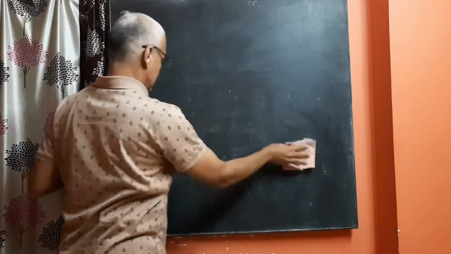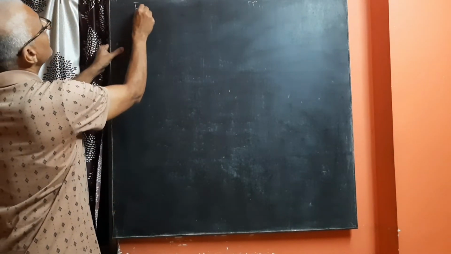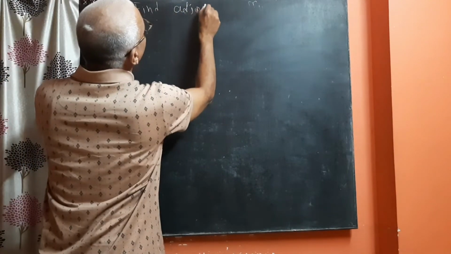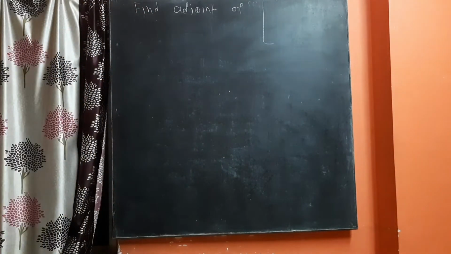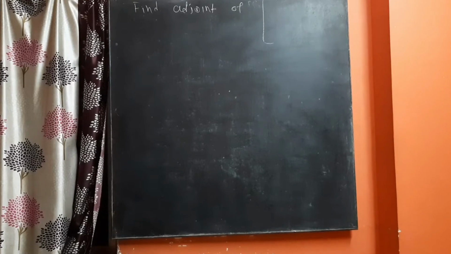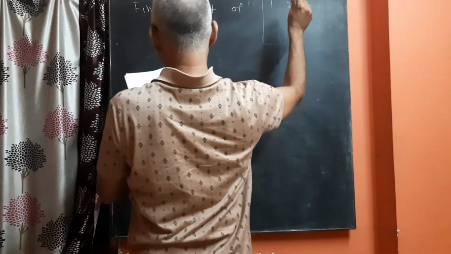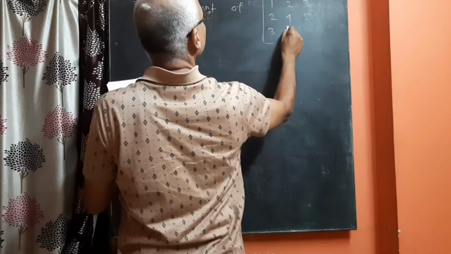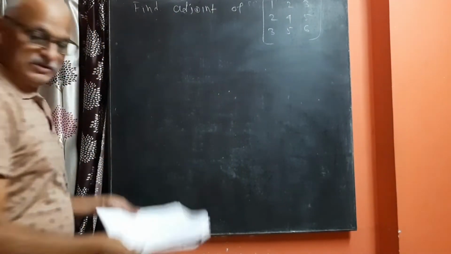The question is, find the adjoint of the matrix with rows 1, 2, 3; 2, 4, 5; and 3, 5, 6.